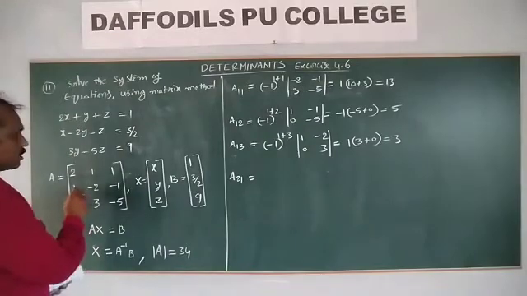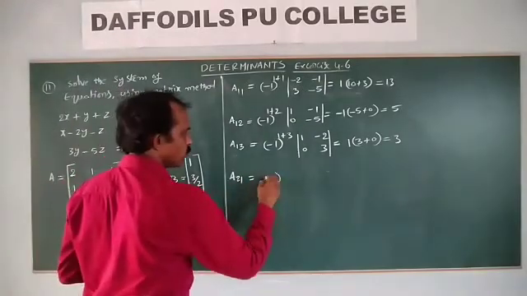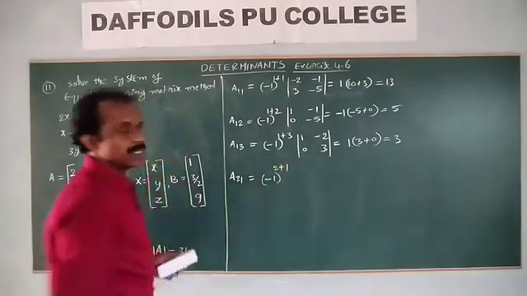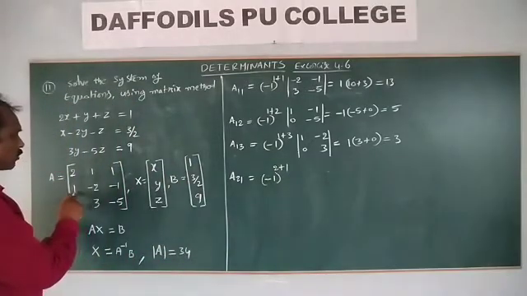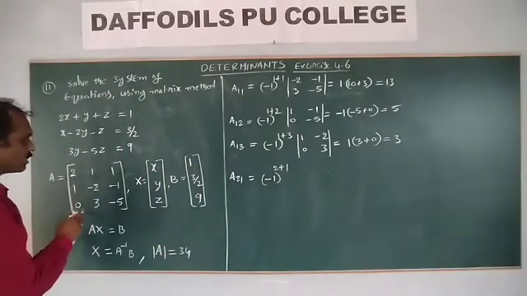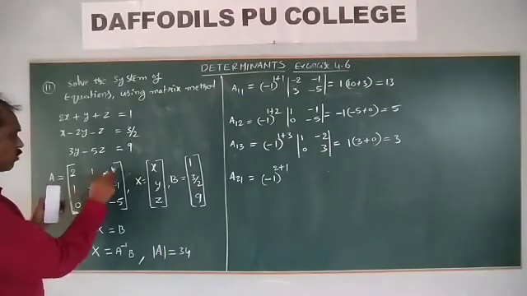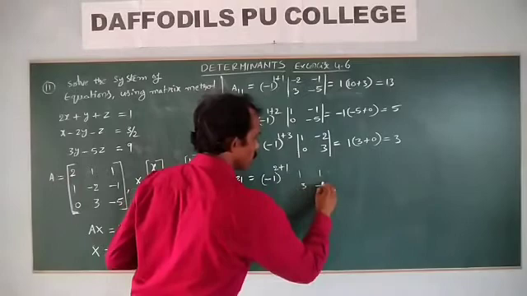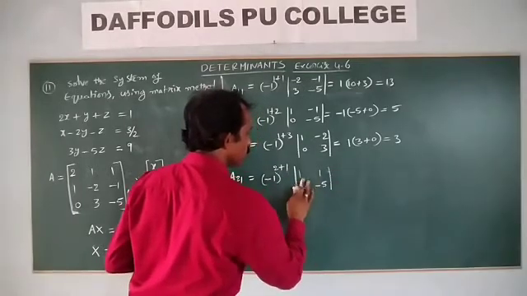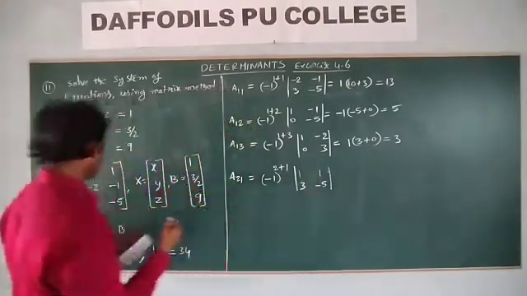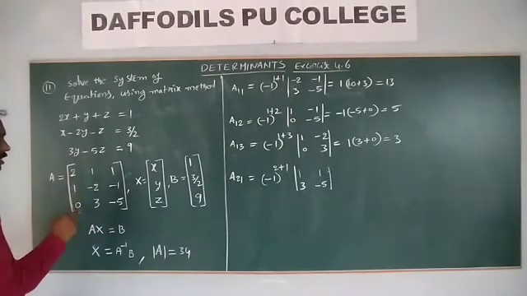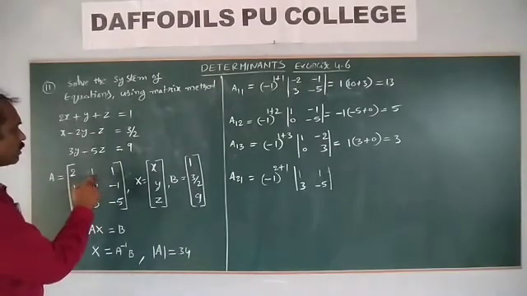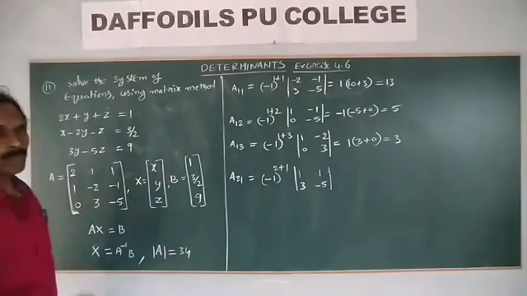A21, this one. This value is equal to minus 1 to the power of 2 plus 1. Deleting this row and this column, the remaining elements 1 1 3 minus 5 are called the minor.